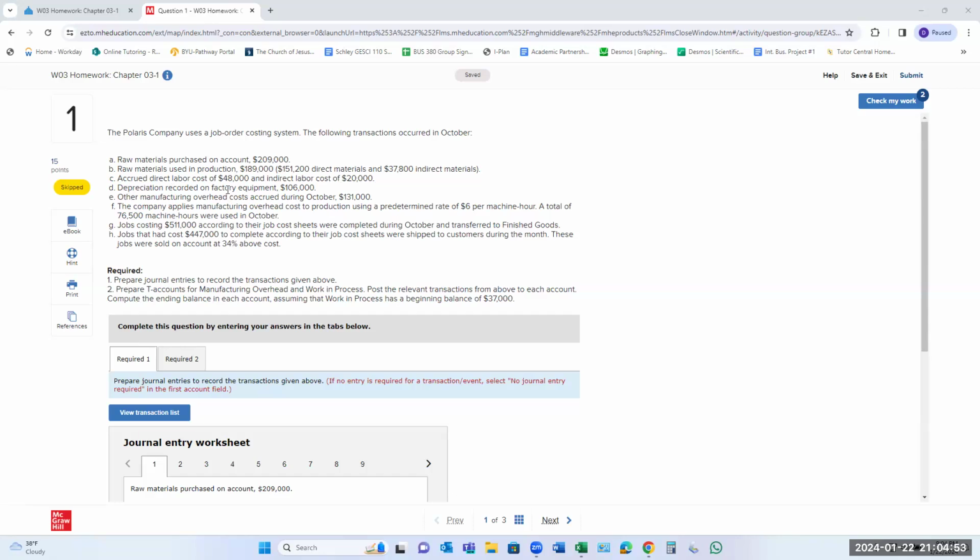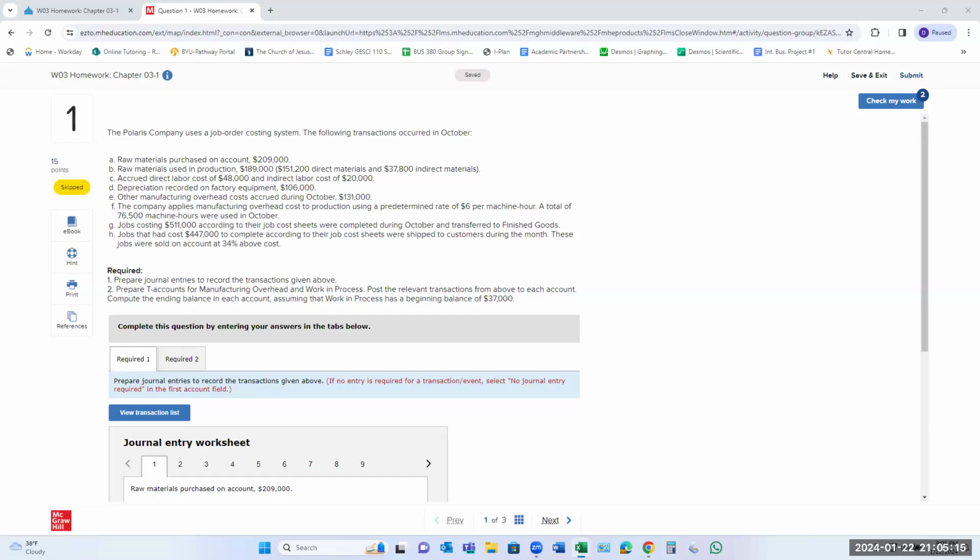Depreciation was recorded for the factory equipment. Other manufacturing overhead costs are incurred or accrued in October. F, the company applies manufacturing overhead costs to production using a predetermined overhead rate of $6 per machine hour.